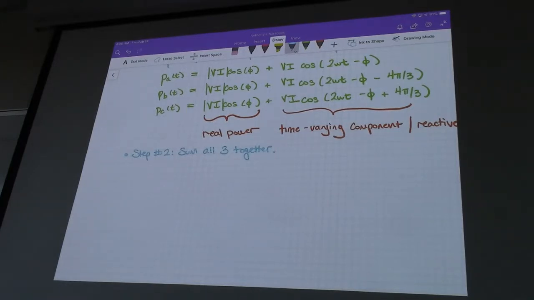what do we end up with? Okay, so this is long. I'm trying to think of the best way to write it.